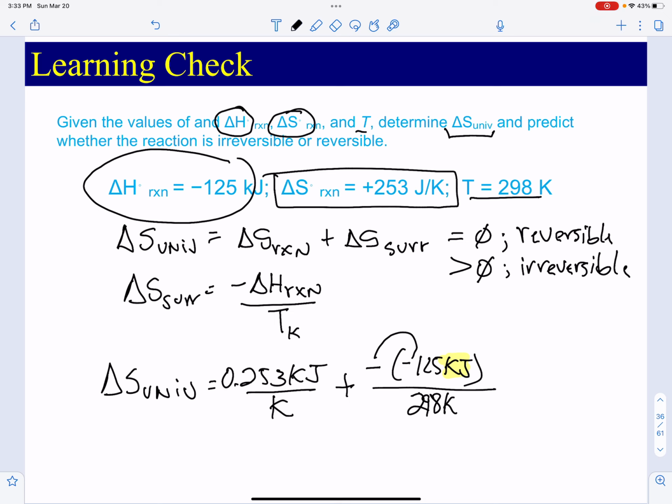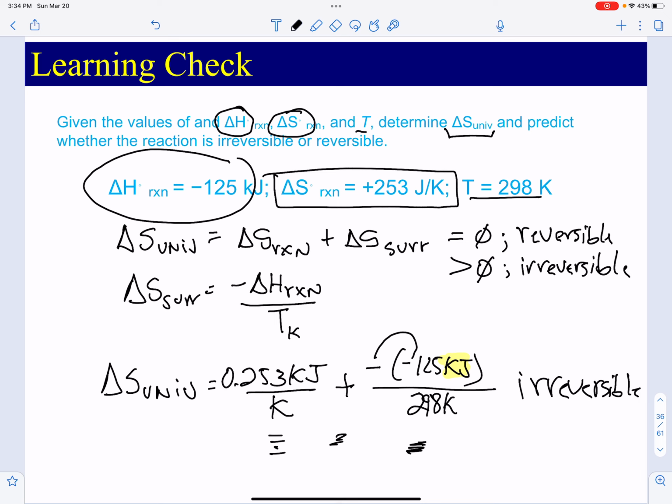No, it's not going to be equal to 0 because you're going to have a number plus another number, and both of them are positive. So this is going to be irreversible. So there's no need to actually do any calculations. Whatever numbers we add, it doesn't matter how small they are, they're going to be positive, so it's going to be bigger than 0. So that's going to be irreversible.